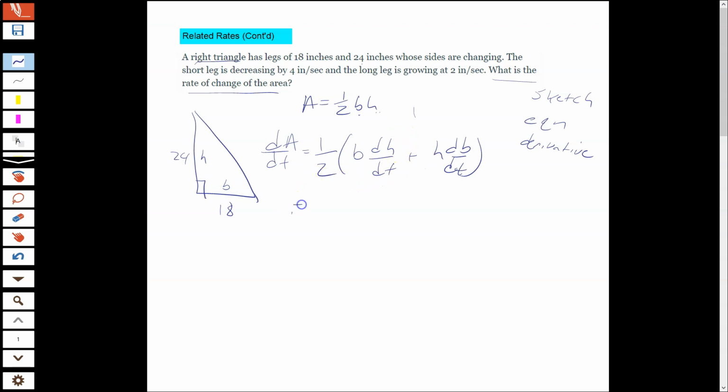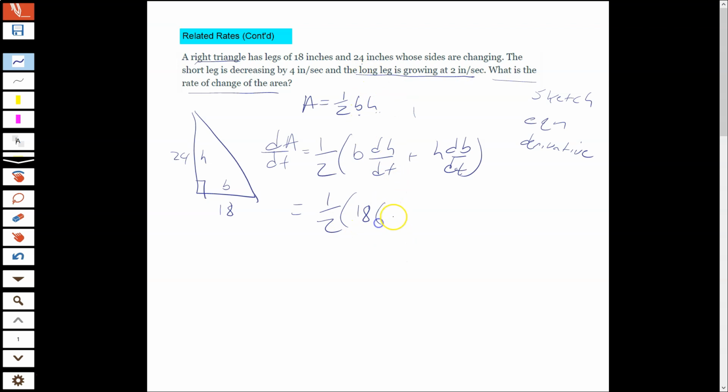So then we're just going to substitute based on what it says in the text. So 1/2 times b is 18. The change in height with respect to time. So height is my longer side, and it says the long leg is growing at 2 inches per second.